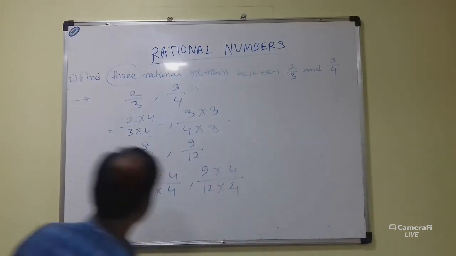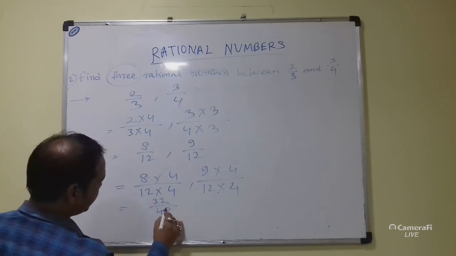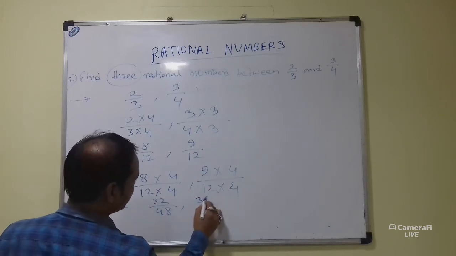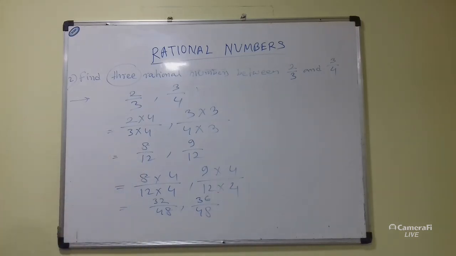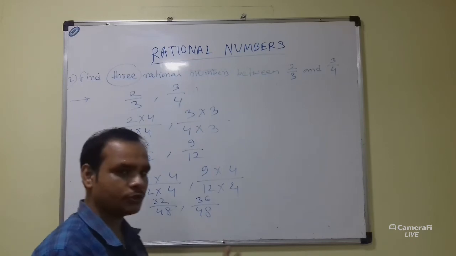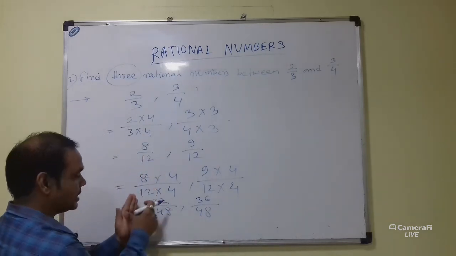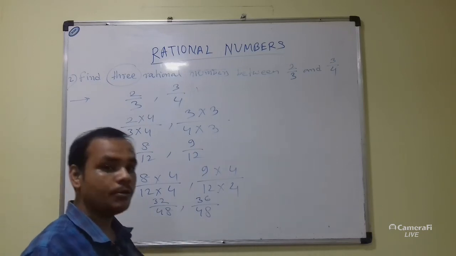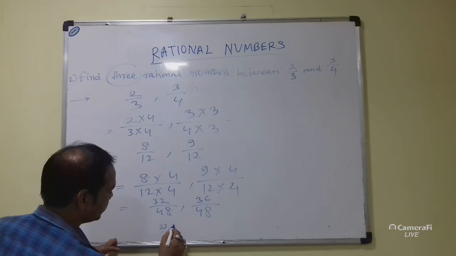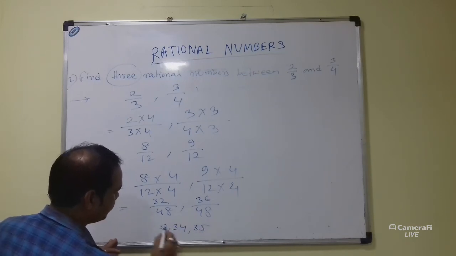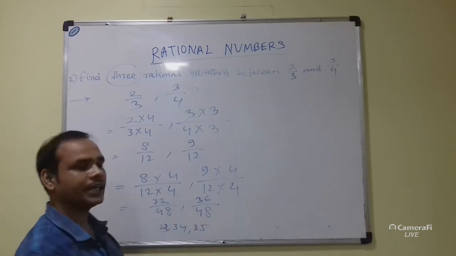Now students, it will be 32 by 48 and 36 by 48. You can see that the denominators are same, so there is no problem. But the numerators are 32 and 36. So how many numbers are in between 32 and 36? 33, 34 and 35. These three numbers are in between 32 and 36.